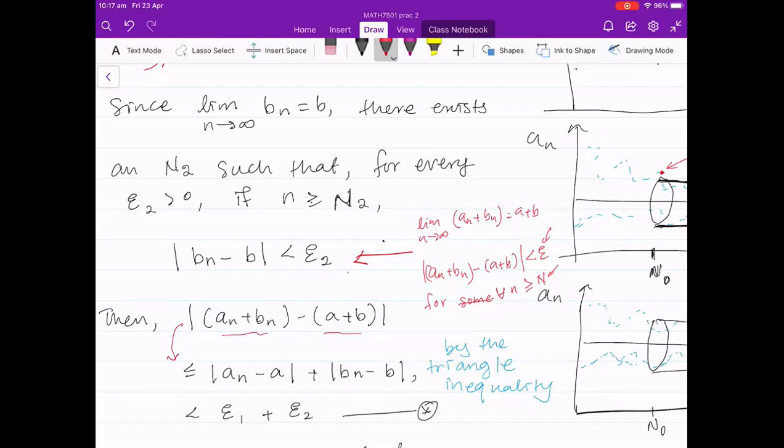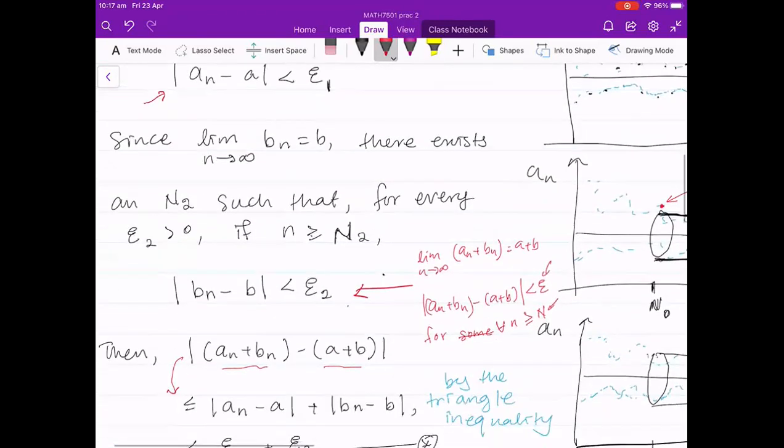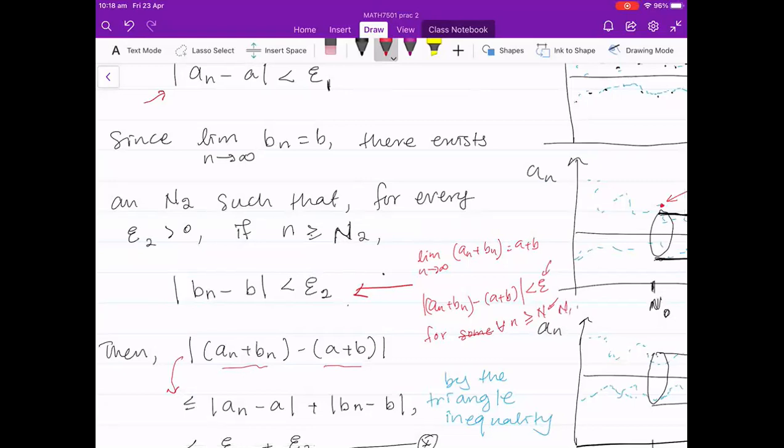It will be for large N. How large? Like what is that capital N that you need to choose? Can you relate this N to N1 and N2?